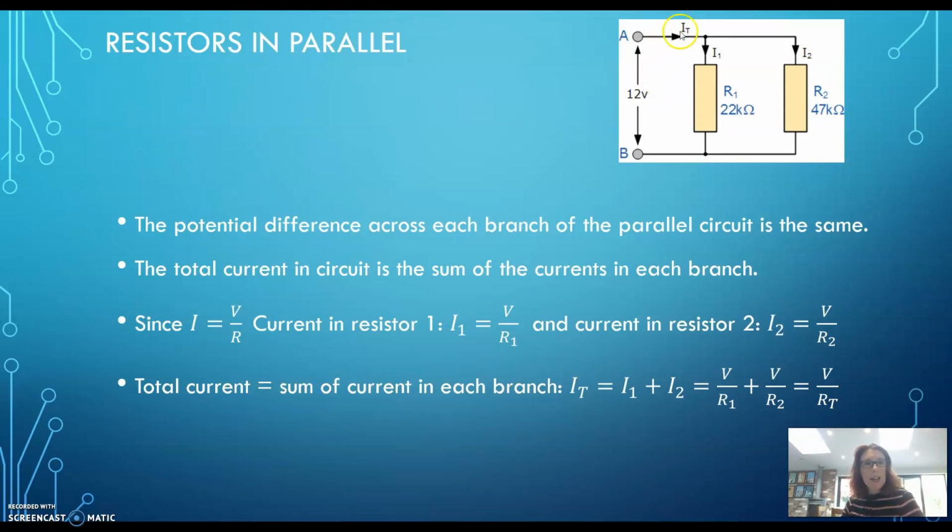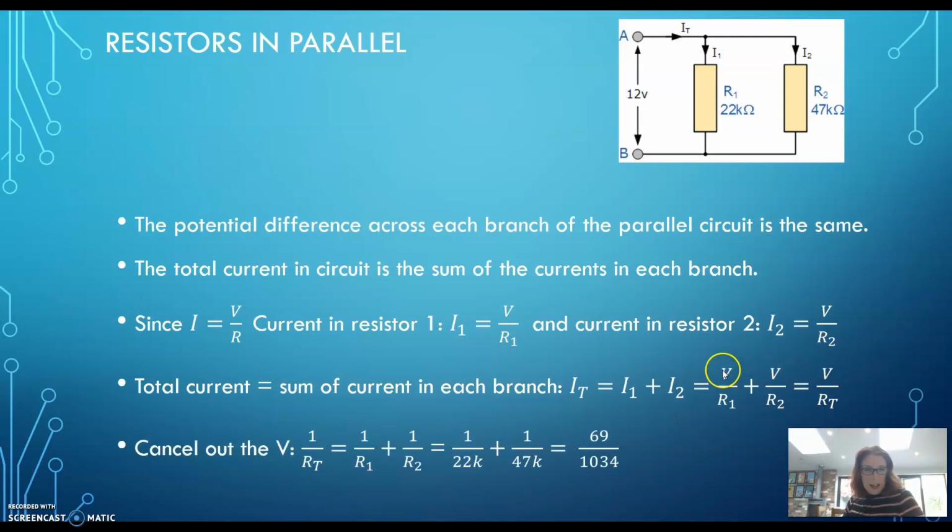So IT is equal to I1 plus I2. So you've got that there. And then if you substitute this in here for I1, and this here for I2, you get this. And that will equal I total, which will be the total voltage divided by the total resistance.